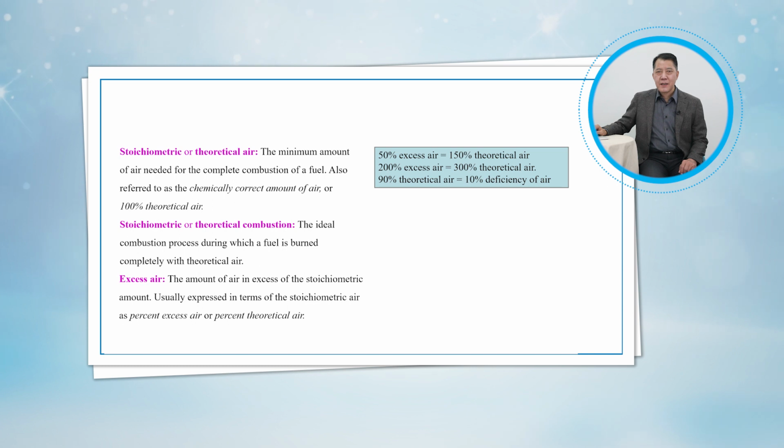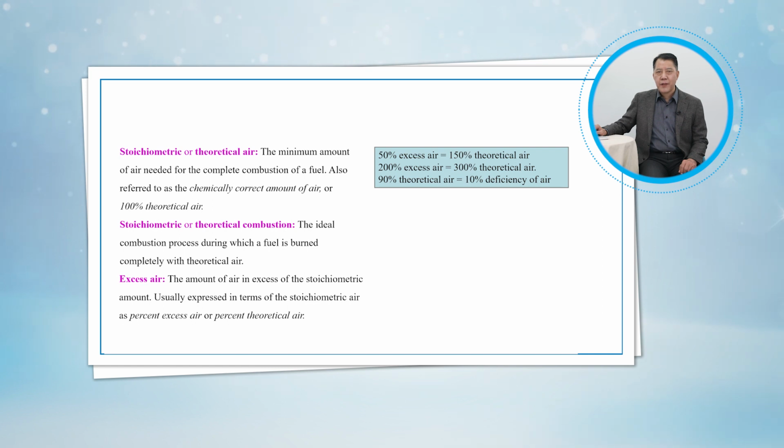The amount of excess air is usually expressed in terms of the stoichiometric air as percent excess air or percent theoretical air.